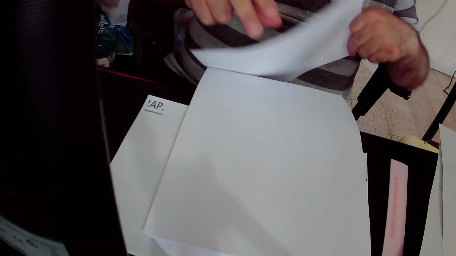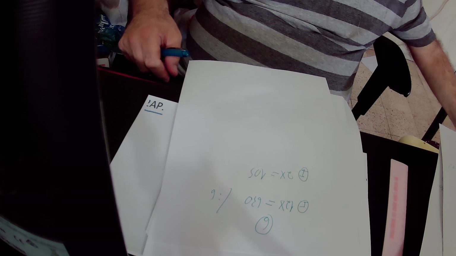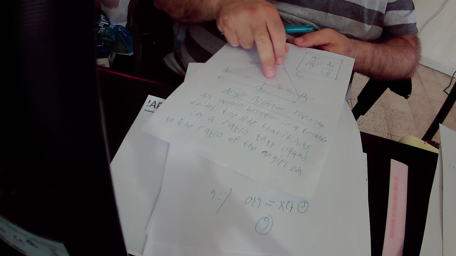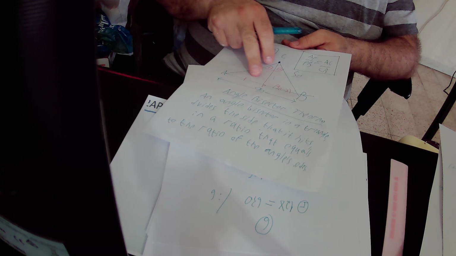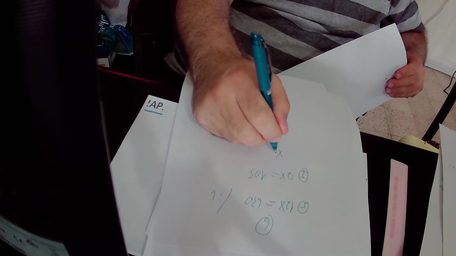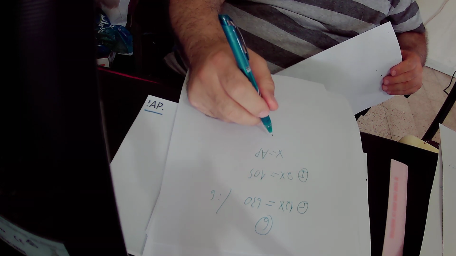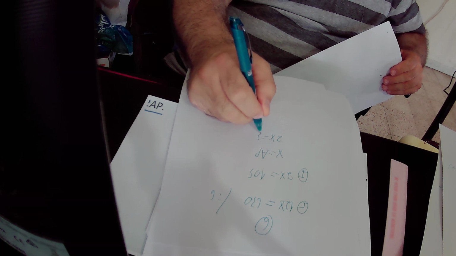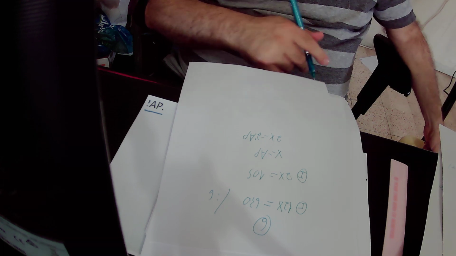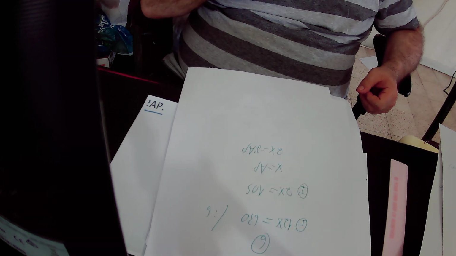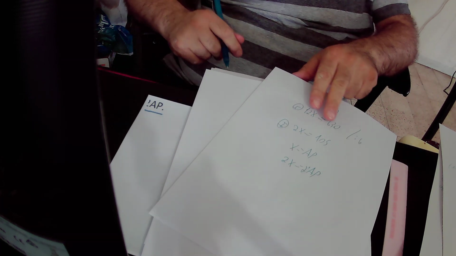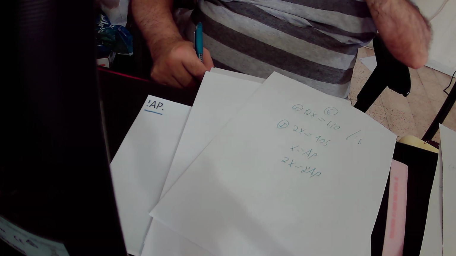Now we defined x as AP, so x equals AP. According to our definition, x equals AP, so 2 times x equals 2 times AP.